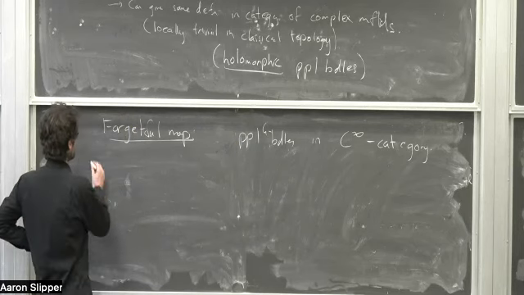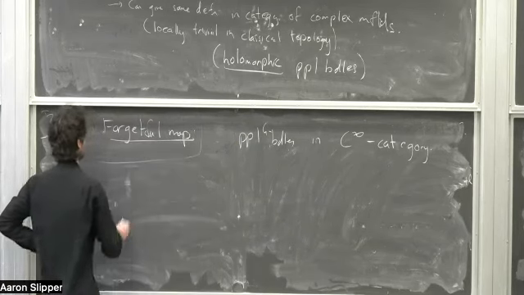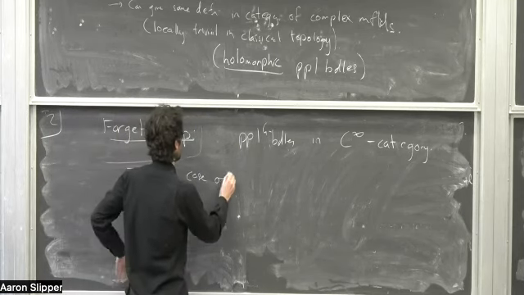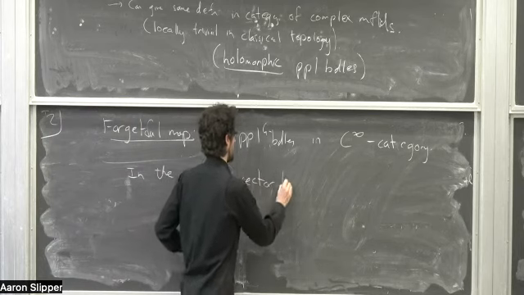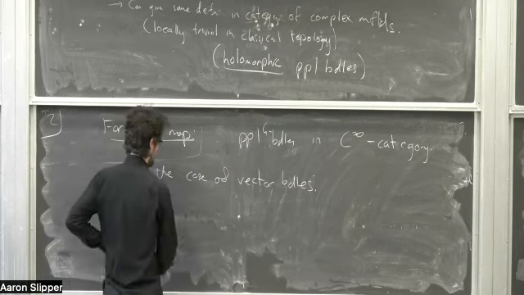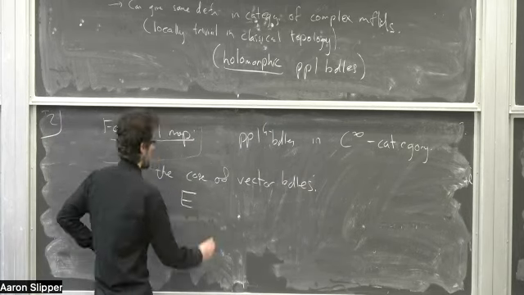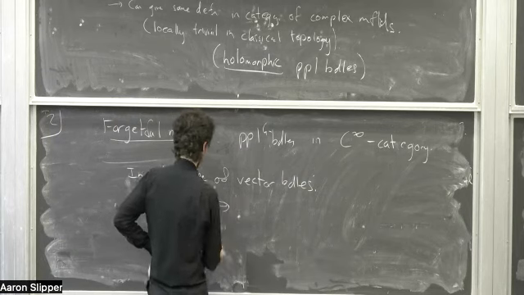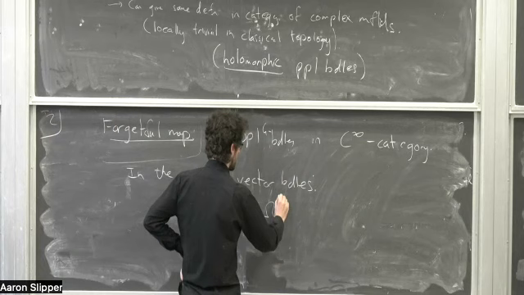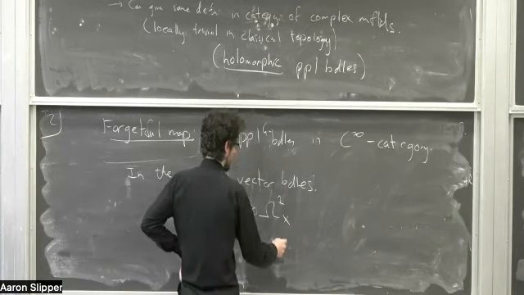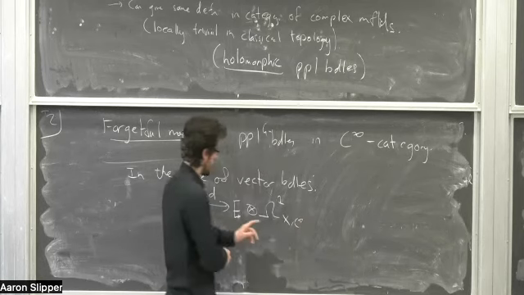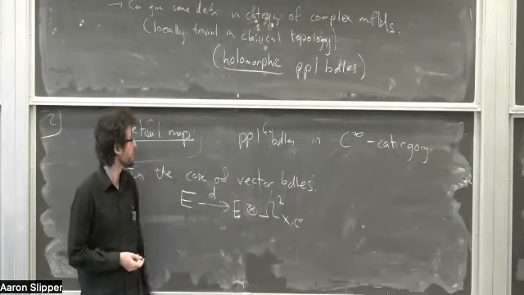So I'm going to do this in the case of vector bundles, and so we have our differential operator d from E to E tensor Omega^1_X, where this is the C infinity differential one forms.